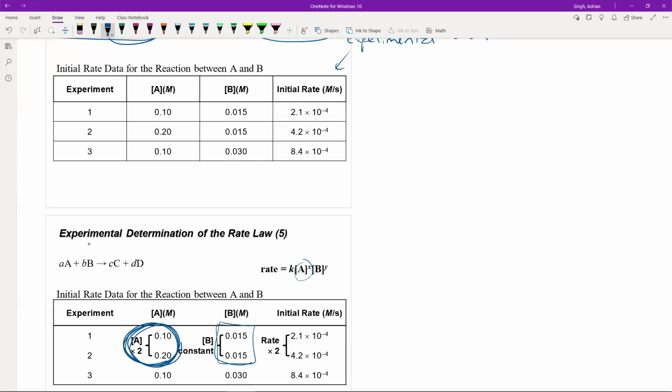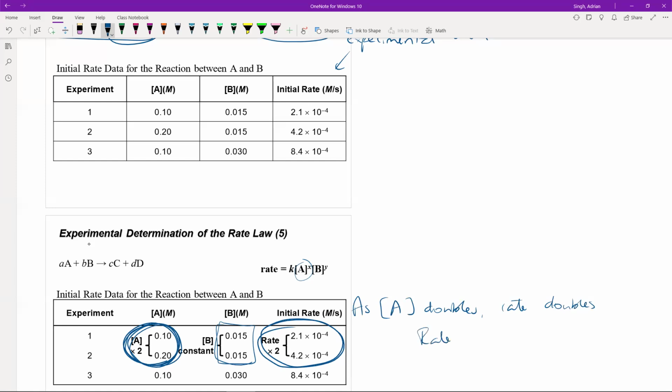And as A is doubled, what happens to the rate of the reaction? Well, you can see, and you can do the calculation yourself. Okay, so as A doubles, the rate doubles as well. Okay, so that's a directly proportional relationship.